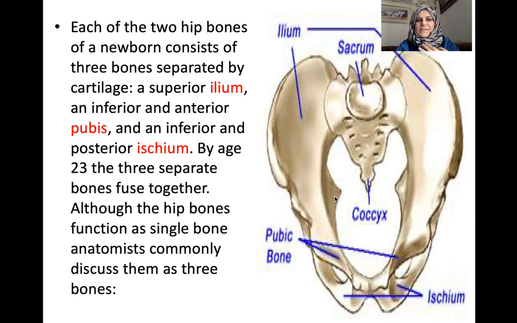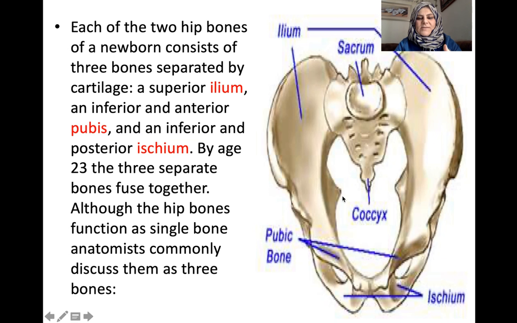The sacrospinous ligament and the sacrotuberous ligament are two important ligaments because they will convert two regions. One of them is called the greater sciatic notch. Here, this is what we call the greater sciatic notch. Then comes the ischial spine, and inside it will be the lesser sciatic notch. As for the sacrospinous ligament, from its name, sacro means it comes from the sacrum, and spinous means it goes to the ischial spine. The sacrotuberous ligament comes from the sacrum and goes to the ischial tuberosity.